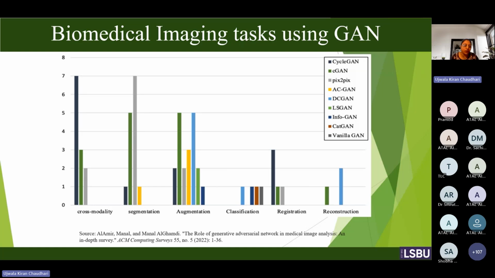Then of course classification, and registration as well. For reconstruction, that is regenerating the medical data, eliminating anomalies or eliminating noise and reconstructing.